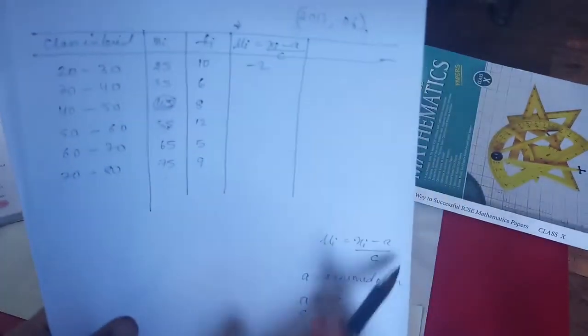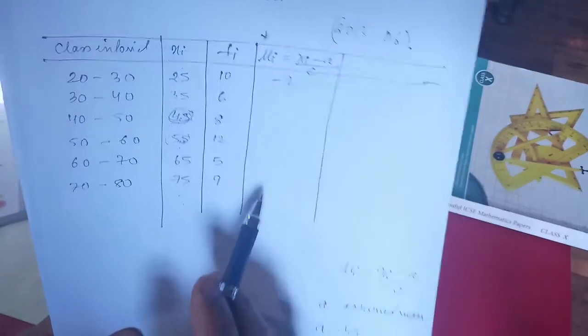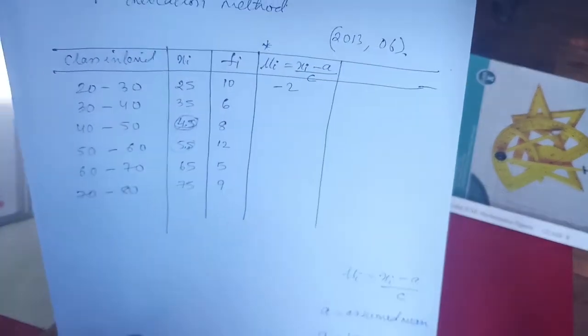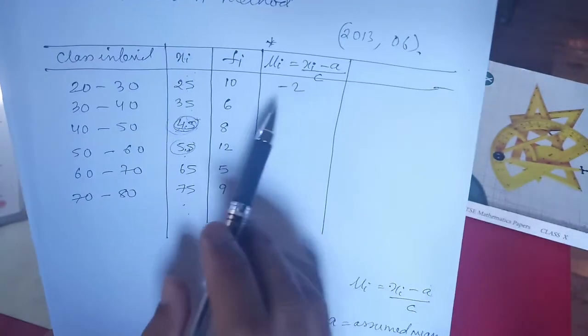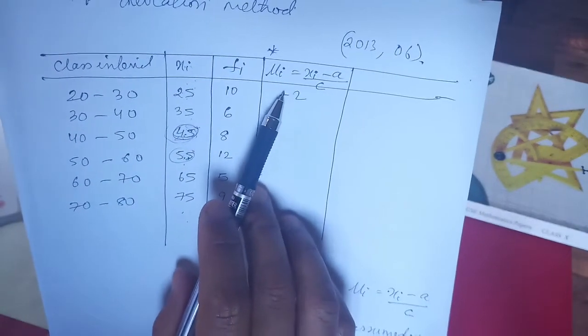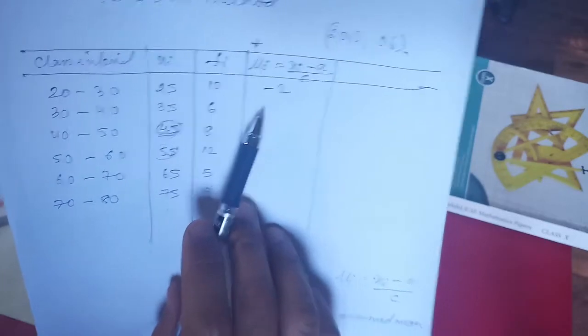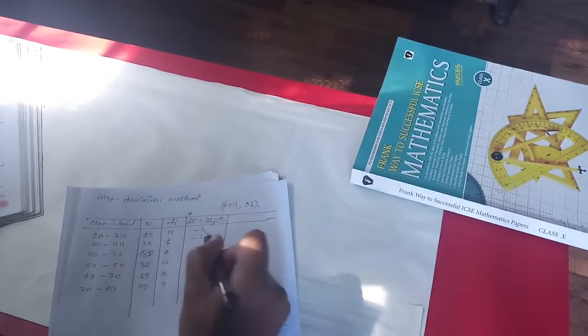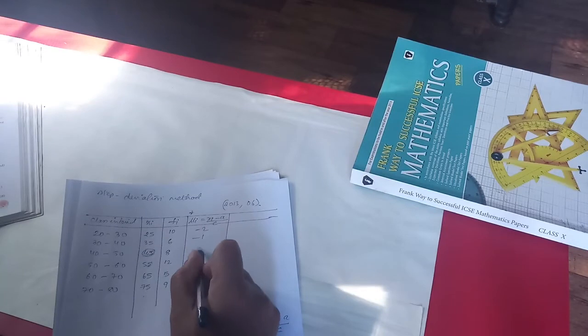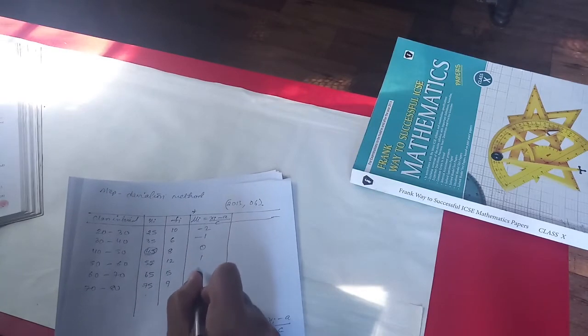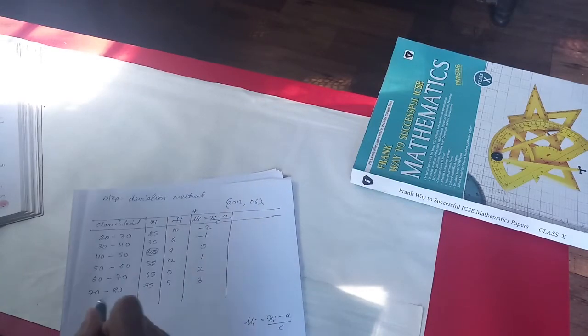Now no need to find every value, you have to follow the sequence, the pattern. The number will go on increasing. So minus 2. After minus 2, what will come? Minus 1. Like this, it goes on increasing. You just have to put in the values. After minus 1, 0. Then 1, 2, and 3.